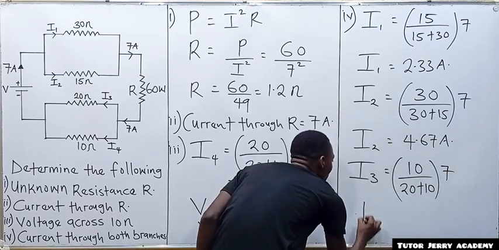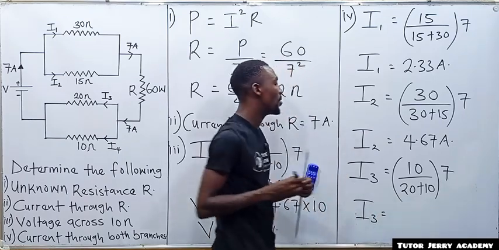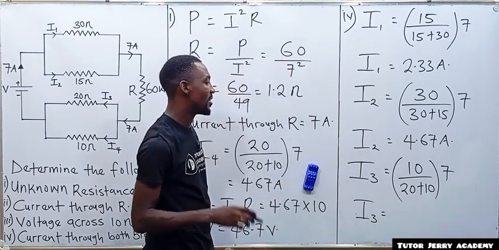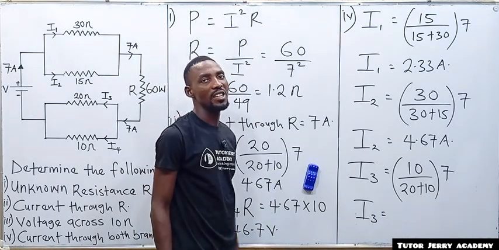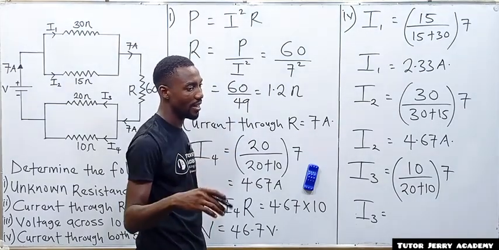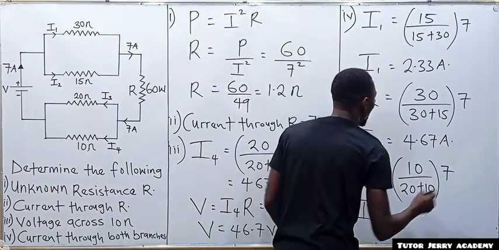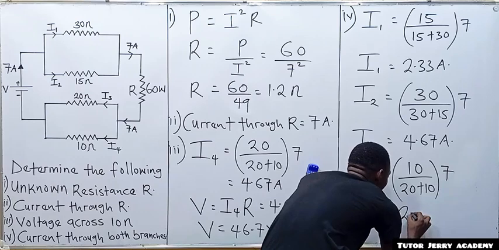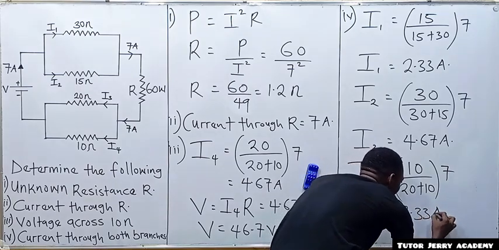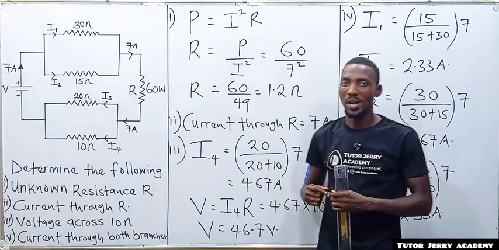So I3 will be equal to 10 multiplied by 7 is 70, and 70 divided by 30. The 0 we cancel out. 7 divided by 3 is 2.33. So we are going to have this to be 2.33 ampere. All right, so here is the solution to the above question.